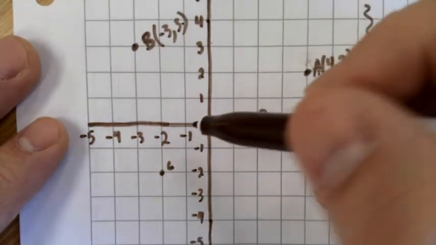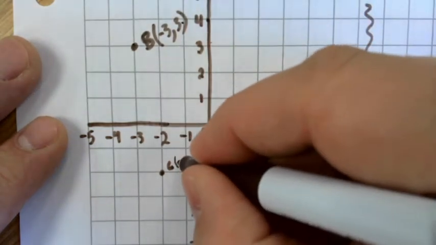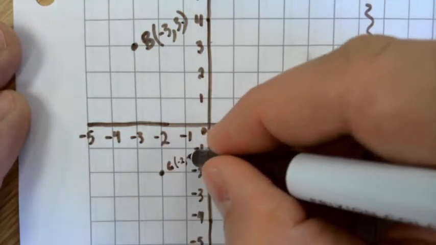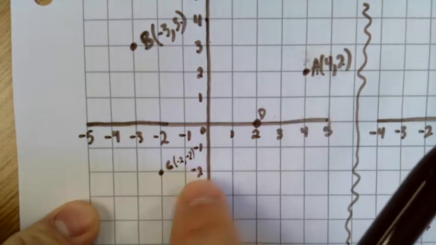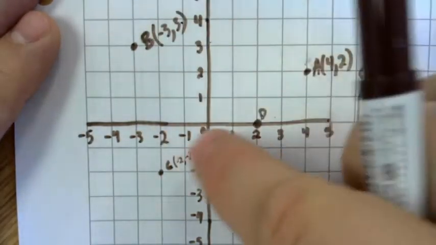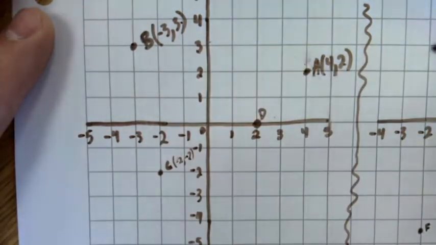What about point C? We move left 2, so the first coordinate is -2, and then we move down 2, which is -2. Just to backtrack, B was in line with -3 and also with 3.